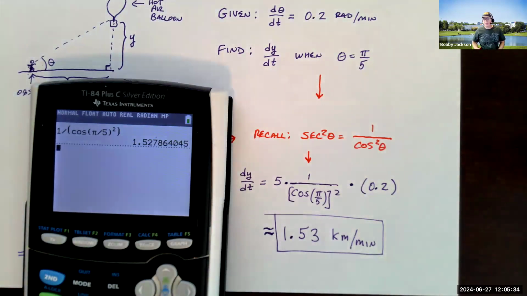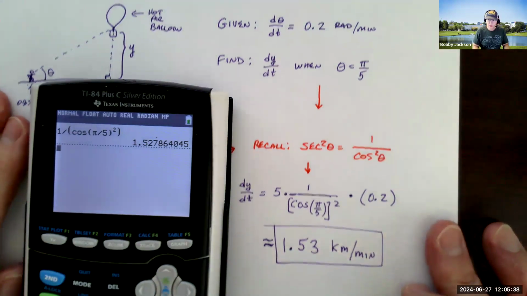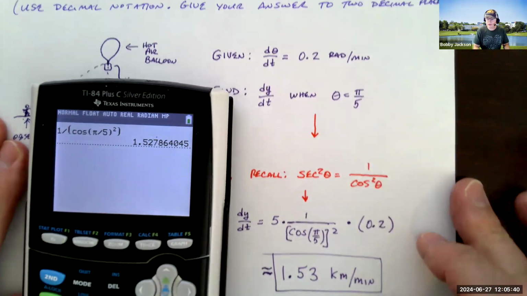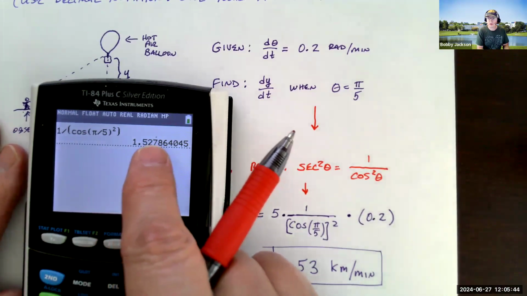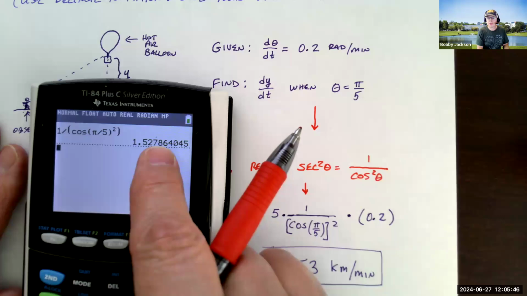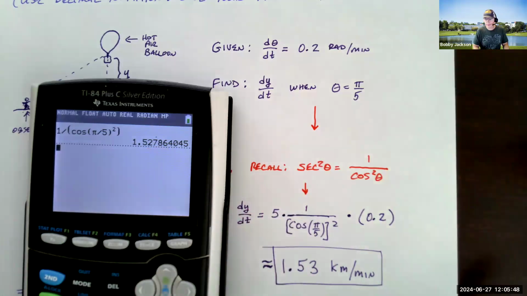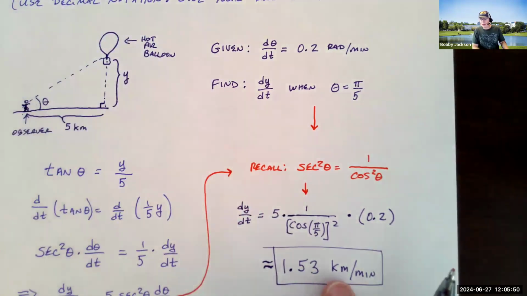And there we have it, right? Recall that we wanted to round this to 2 decimal places. So we would round that up to a 3 because the next digit is 5 or higher. So 1.53.